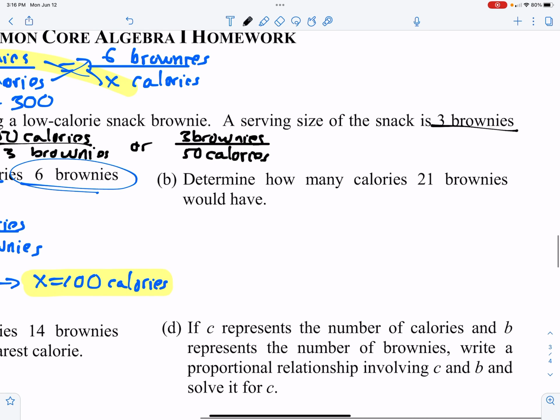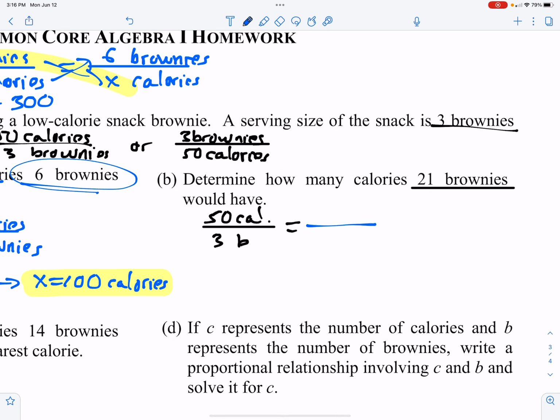Determine how many calories 21 brownies would have. I'm going to use the same ratio: 50 calories in 3 brownies. I'm just going to use cal for calories and B for brownies, equals X calories in 21 brownies.